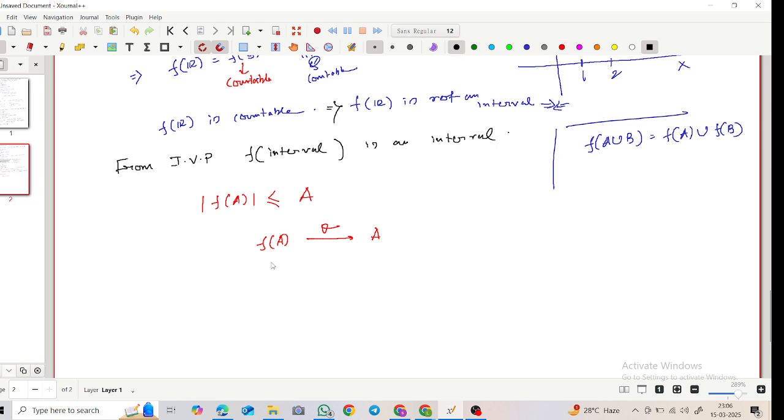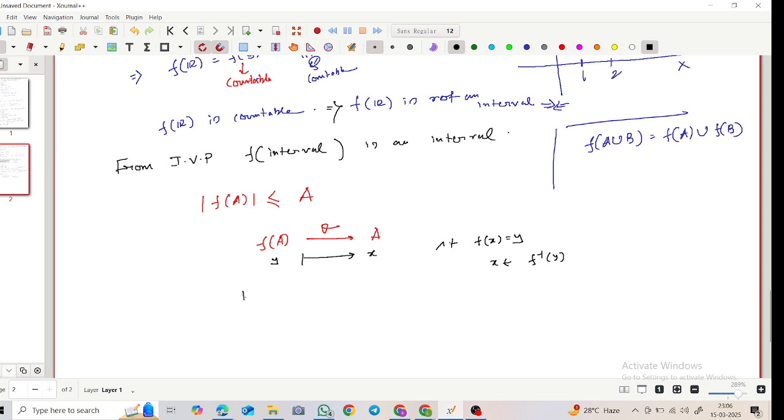You pick up a y and send it to an x such that f of x is y. So basically I am picking this x inside f inverse of y. f inverse of y can have many pre-images, I am just sending it to one. So this is my map.